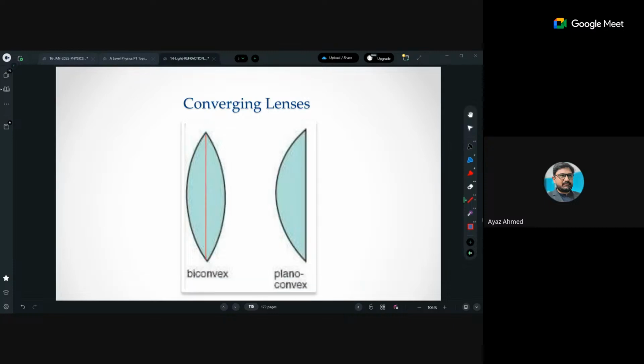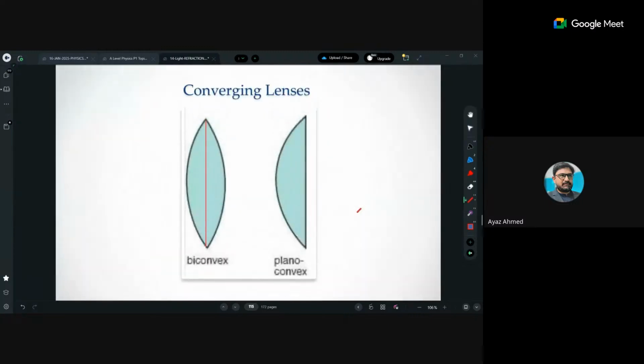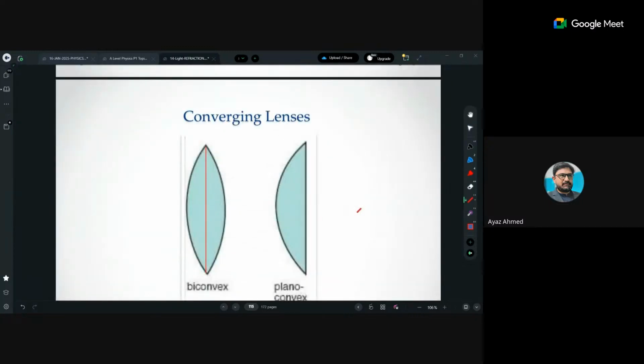So if they have no space in between, then that is a thin lens. But if we have a space in between, like there is one lens here, and one lens here, and in between there is a glass slab.